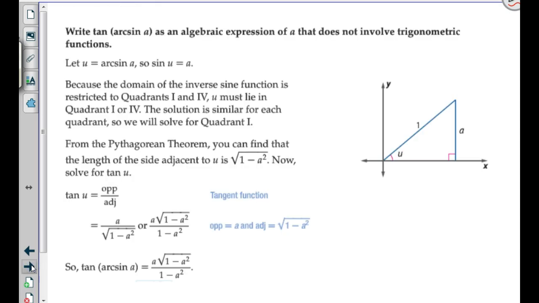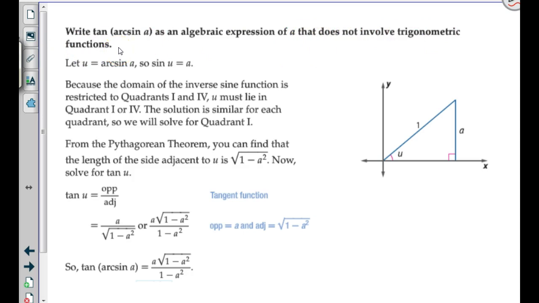Okay. Now, this is a little nastiness, and I think there is one on the quiz. But they do these all the time in calc. It says, write the tangent of the arcsine of A as an algebraic expression of A that does not involve trig functions.